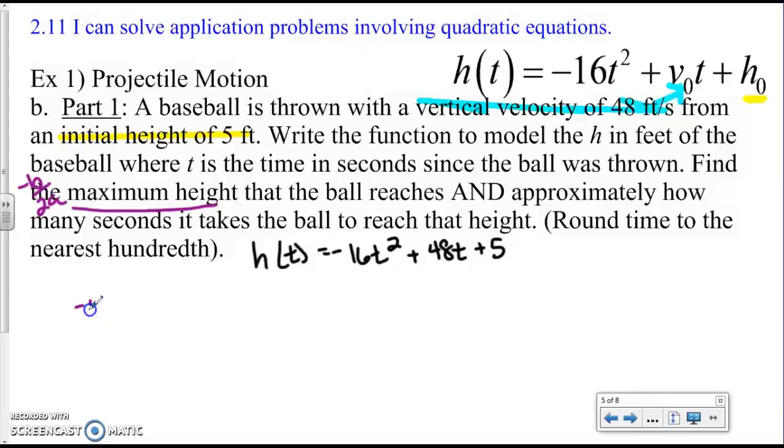So if I do that, the opposite of 48 over 2 times negative 16, and simplify, and we get 1.5. And then go and plug that in.